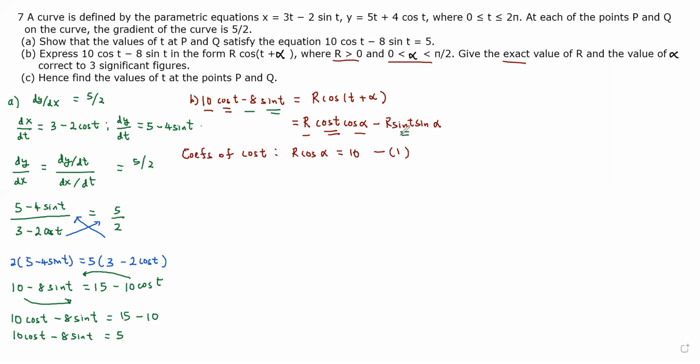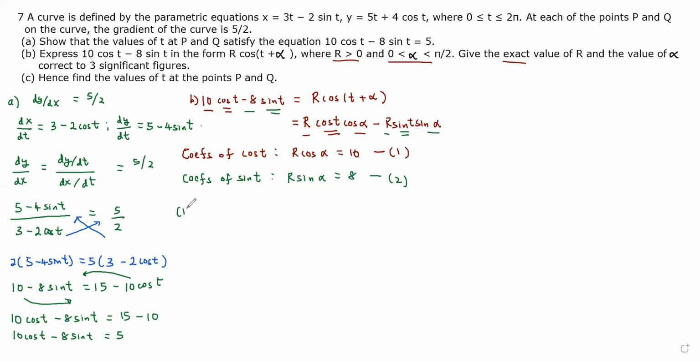So we have R sine alpha equals 8. That gives us the second equation. We need to solve these two equations to find the values of R and alpha.